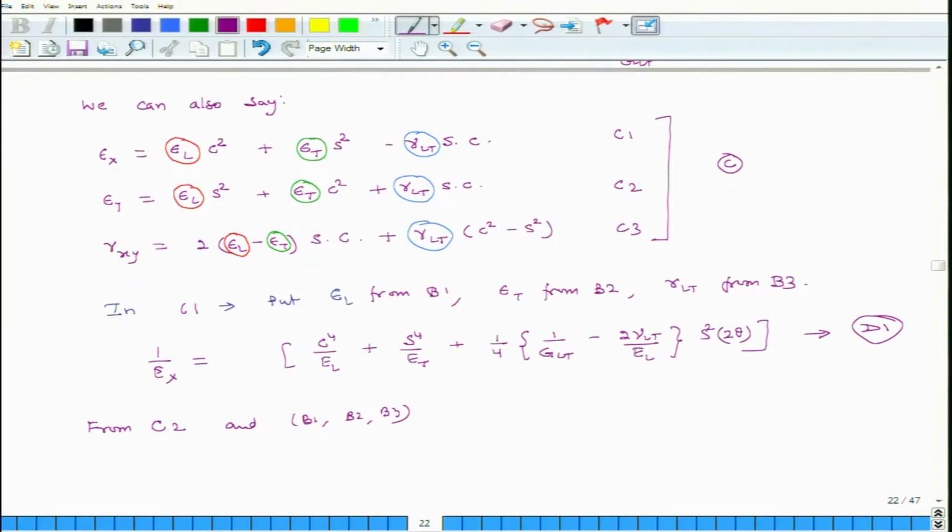In equation C2, we plug the values of epsilon L, epsilon T and gamma LT and we get this thing: epsilon y equals minus sigma x gamma LT over EL minus 1 over 4 times 1 by EL plus 2 nu LT by EL minus plus 1 over ET minus 1 over GLT times sine square 2 theta.